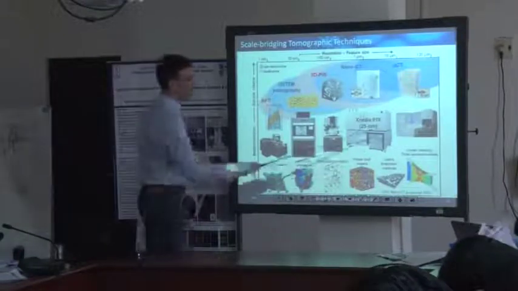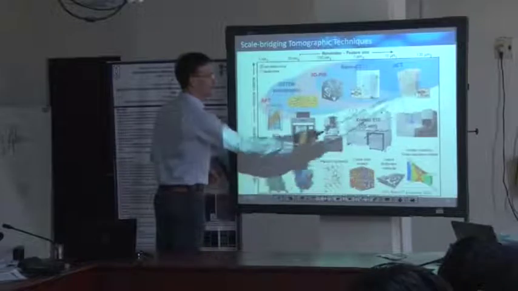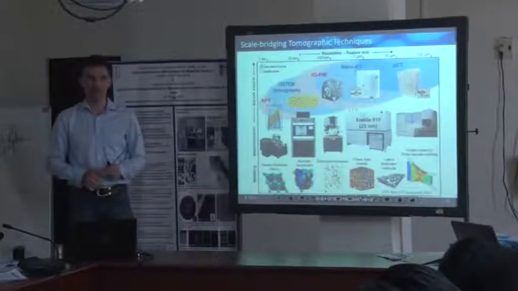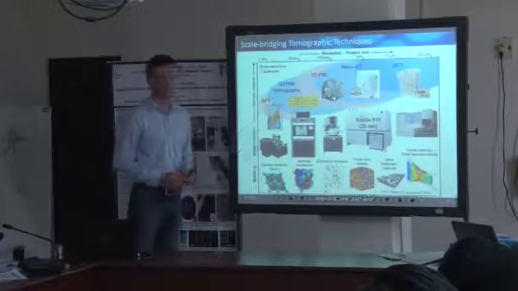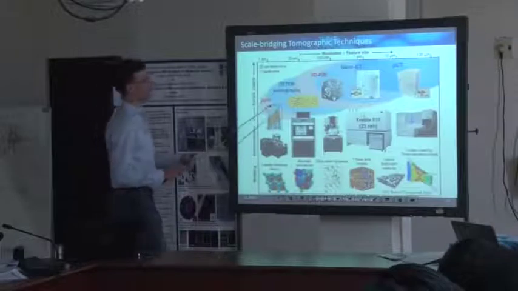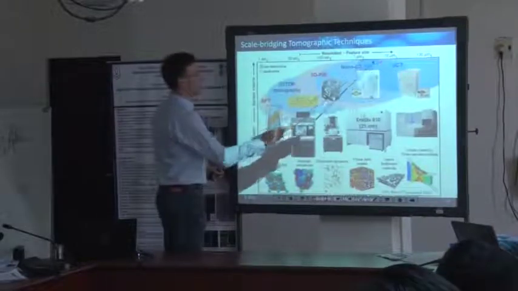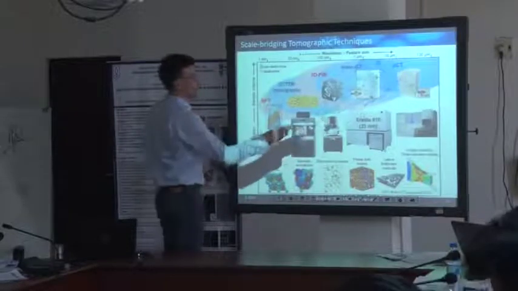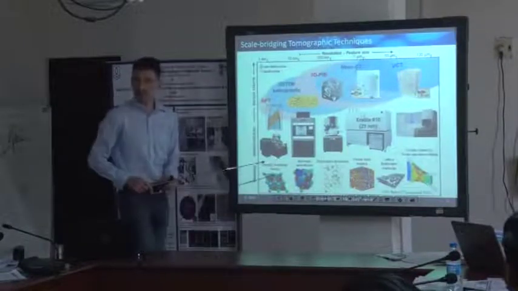Most of you might be familiar with computed tomography, which people also use in material science to gain insight into materials with a certain resolution, let's say down to the micrometer scale. I would still call this micro-CT.